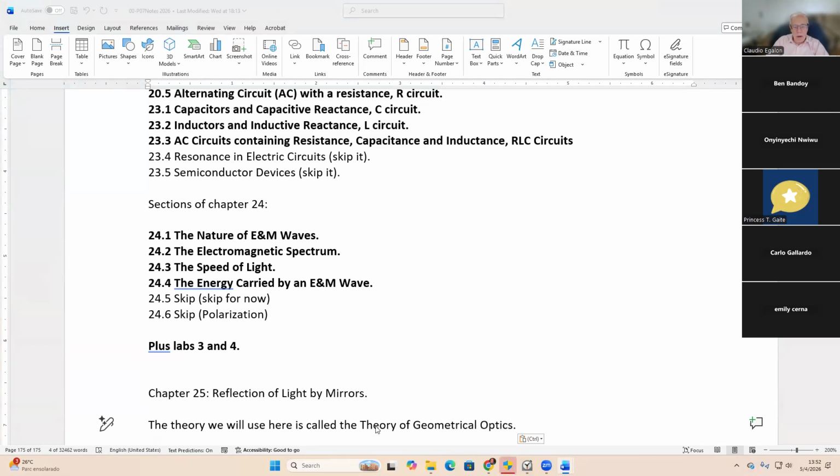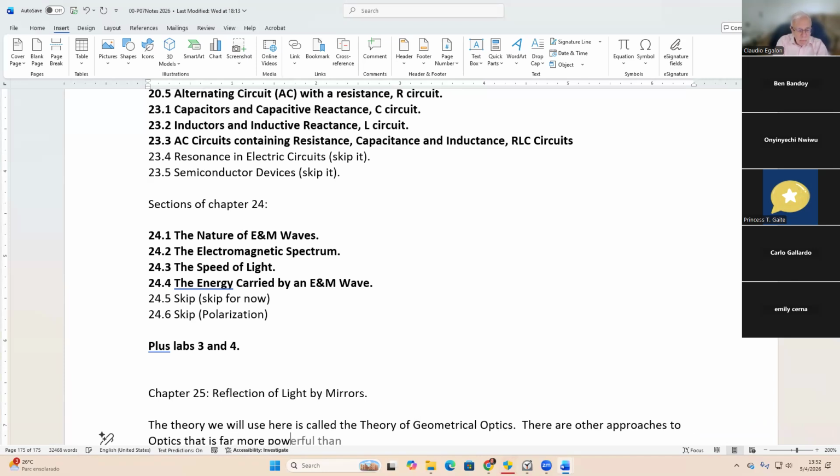There are other approaches to optics that are far more powerful, but more difficult to understand, okay?